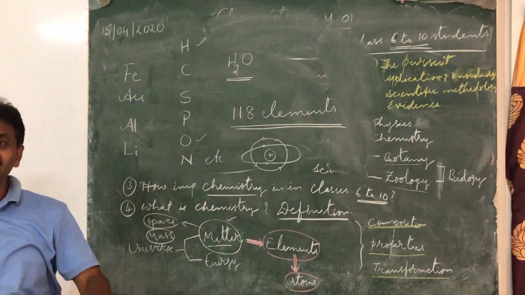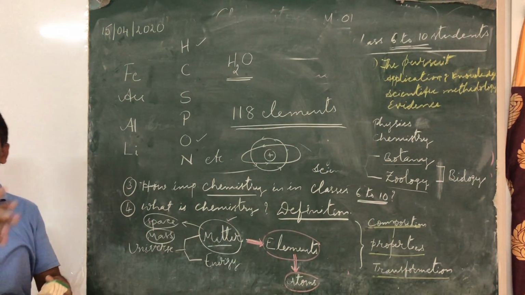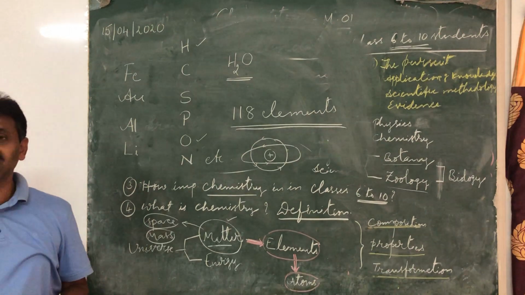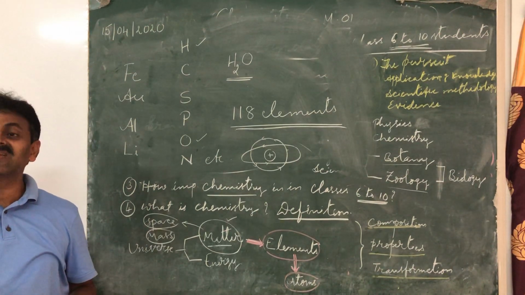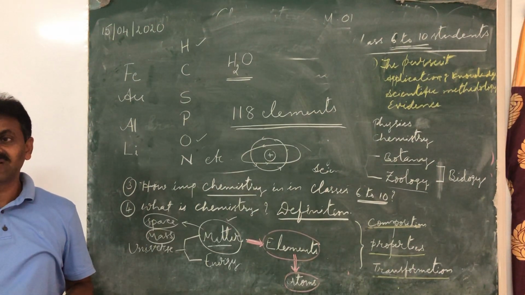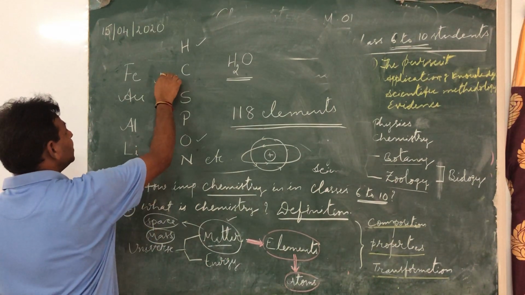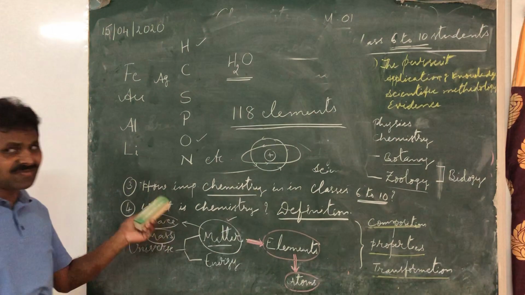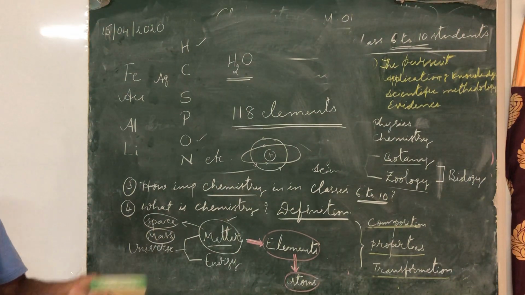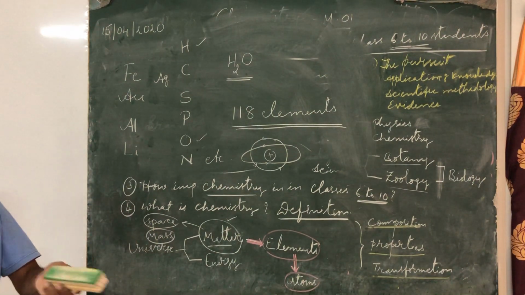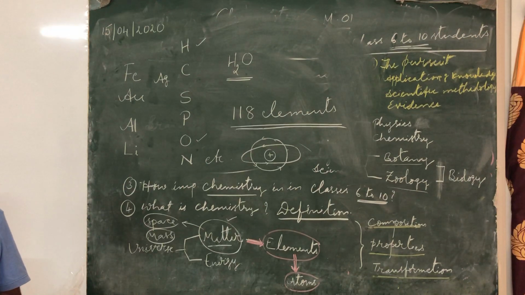Within 25 to 30 days, a layer of that rod gets corroded. That's what you call rusting of iron. Even silver, there is a metal named silver, Ag. It gets faded immediately after a few minutes of exposure to the atmosphere.